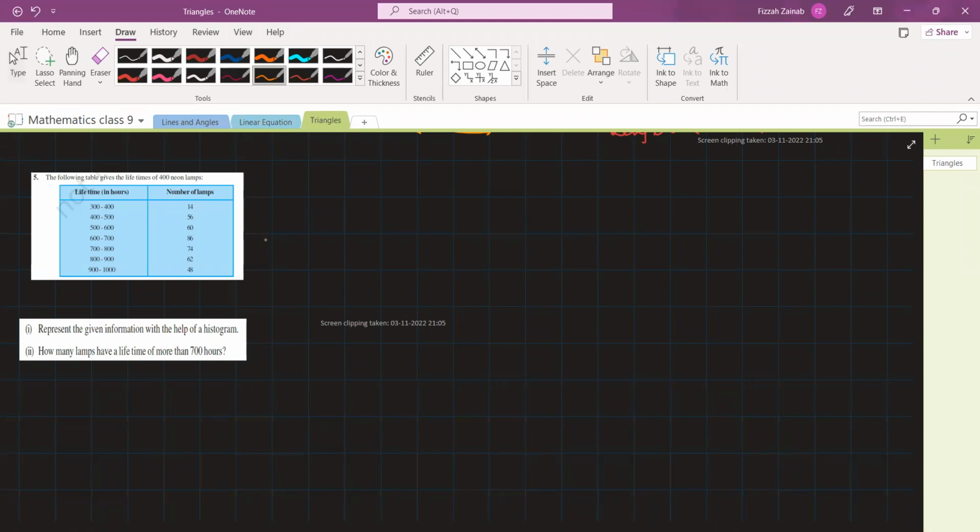See, the following table gives the lifetime of 400 neon lamps. So data is already continuous, okay? 300 to 400, 400 to 500, and the number of lamps are given. So draw a histogram. First part, represent the given information with the help of a histogram. So this one is easy.